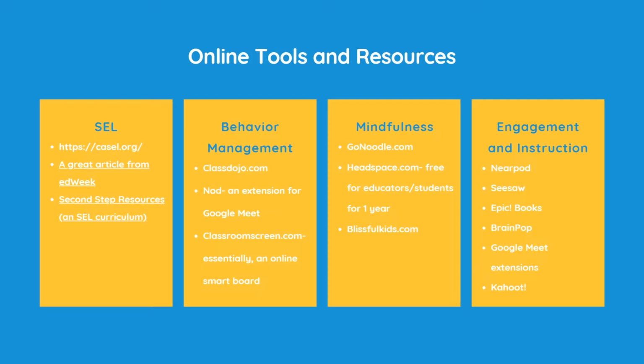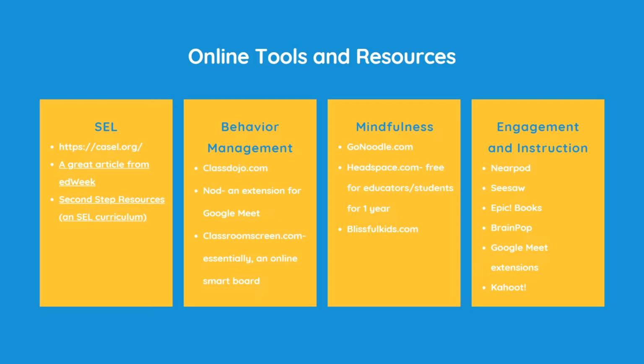They also have resources for adults so that we as adults can begin to practice better social emotional skills for ourselves. I've also included a link to Second Step. Second Step is a social emotional learning curriculum, and they've made many of their resources available online for free to teachers so that they can begin to integrate social emotional learning into their classrooms.